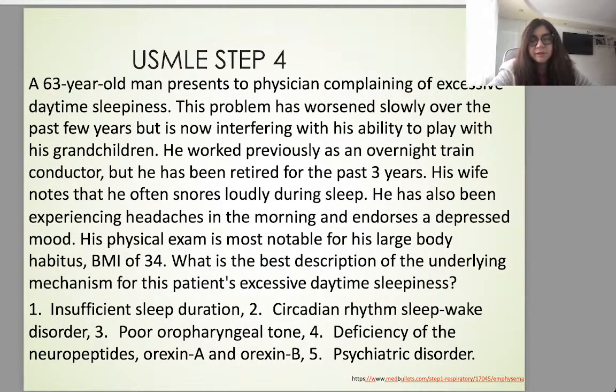Okay, USMLE test, one more. A 63-year-old man presents to the physician complaining of excessive daytime sleepiness. This problem has worsened slowly over the past few years, but is now interfering with his ability to play with his grandchildren. He worked previously as an overnight train conductor, but he has been retired for the past 3 years.